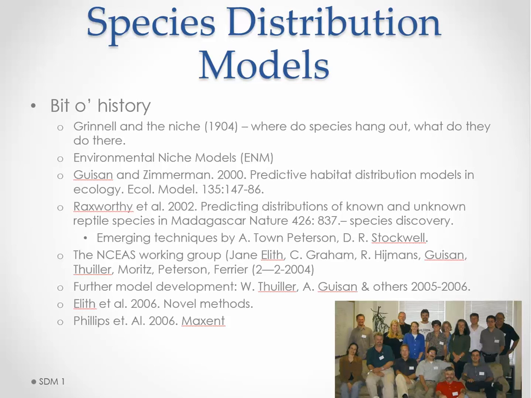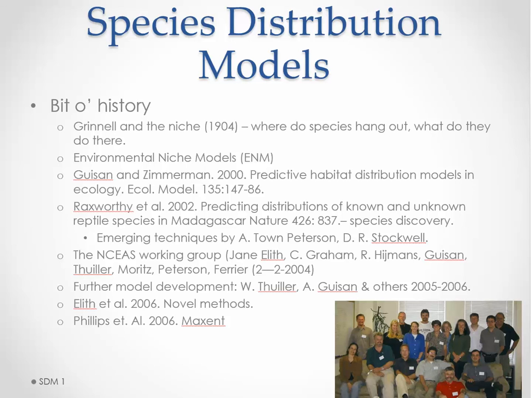In 2002 in Nature, Raxworthy published a paper using these methods and finding a variety of new reptile species in Madagascar as a consequence of predicting where you might find them. So this was a big feather in the cap of distribution modeling for its utility.